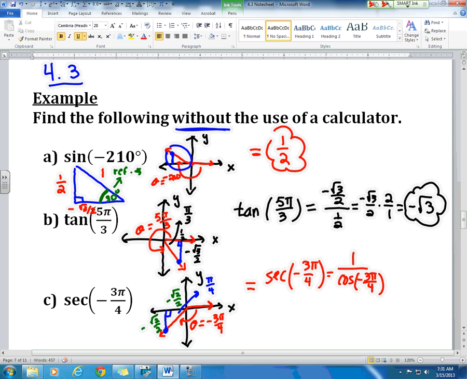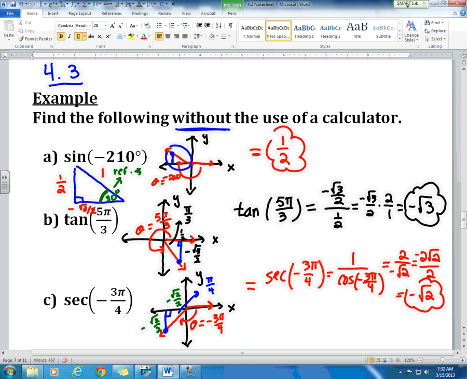And the cosine is the x-axis value, so we're going to flip the cosine value, which is equal to 2 over negative radical 2, which if we rationalize becomes 2 radical 2, this is all going to be negative, over 2, which is just negative radical 2. So secant of negative 3 pi over 4 is equal to negative radical 2.